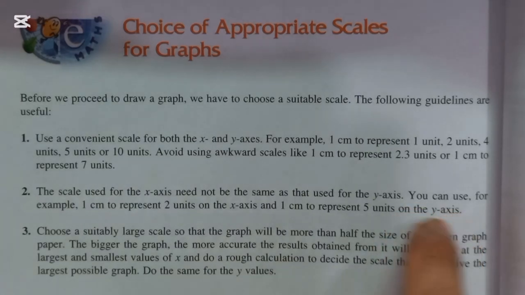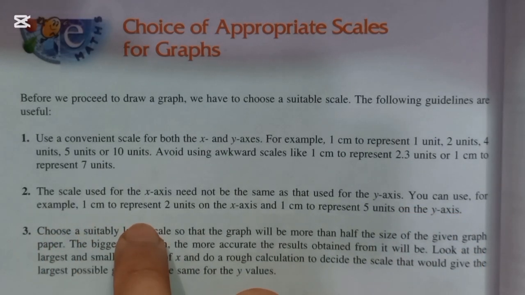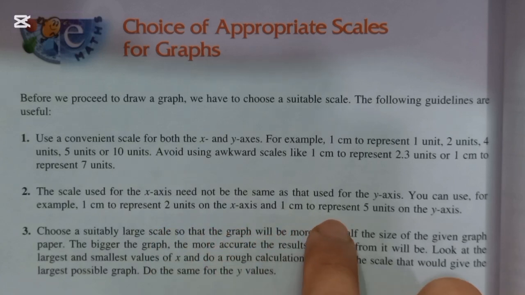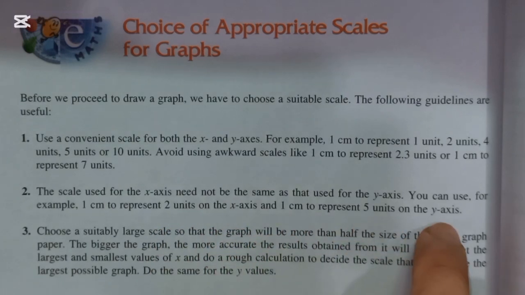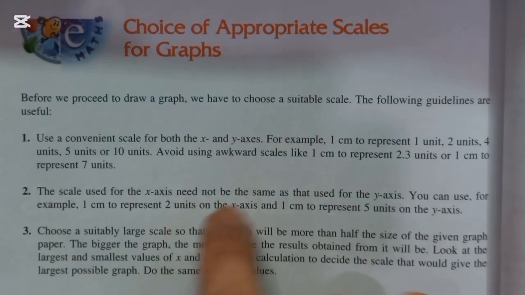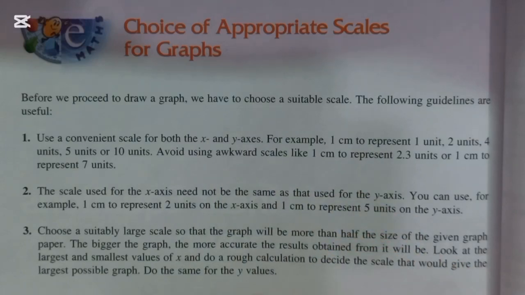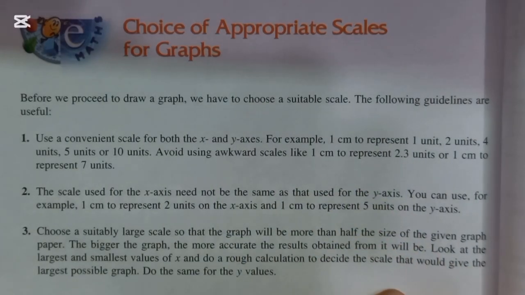For example, you can use 1 centimeter to represent 2 units on the x-axis and 1 centimeter to represent 5 units on the y-axis. So you may choose the same scale or different scales for both axes. It will depend on the situation.